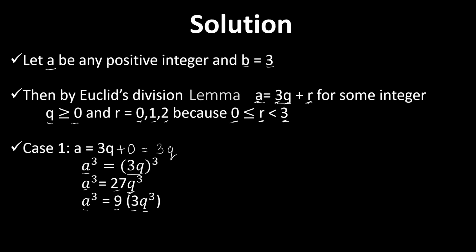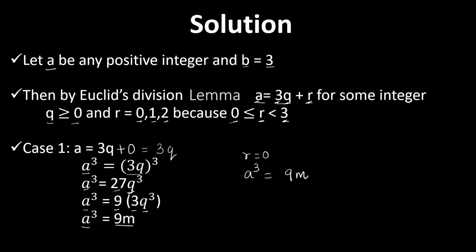So we can write it in the form of 9 multiplied by something. Hence, our final step would be a cube is equal to 9 times of m. So clearly we observe that when remainder is equal to 0, we are able to write down the cube of positive integer a as 9 times of m.